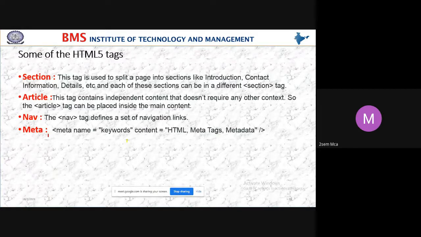This meta tag gives additional information about the data. A meta tag defines the metadata about the HTML program or HTML document. We call this meta a metadata.